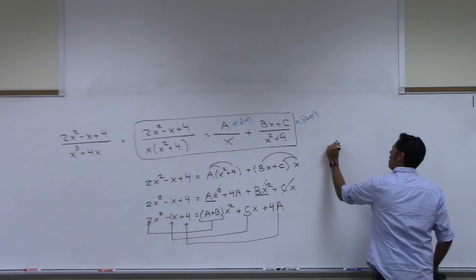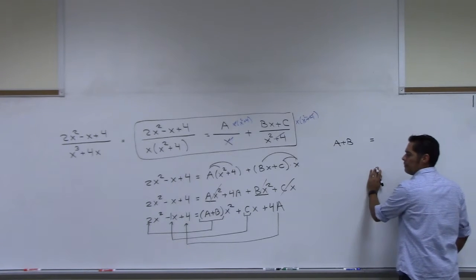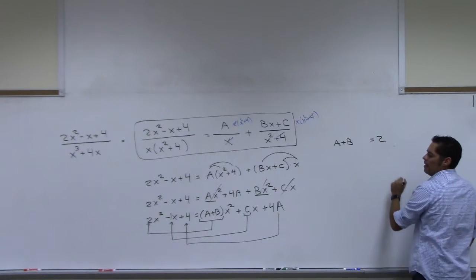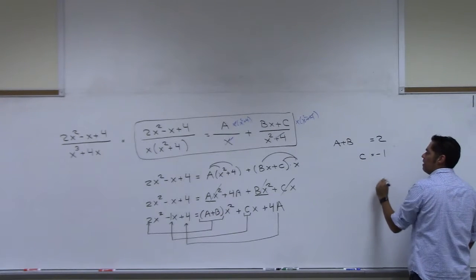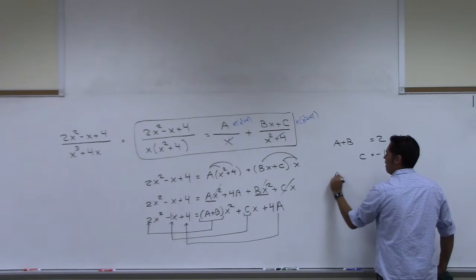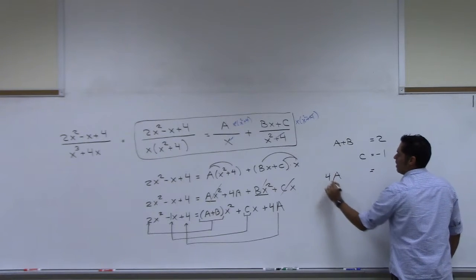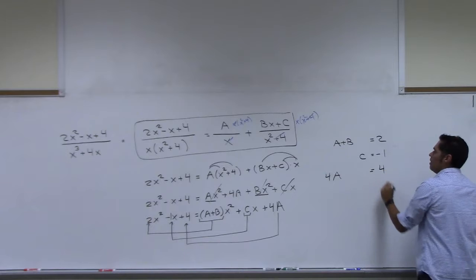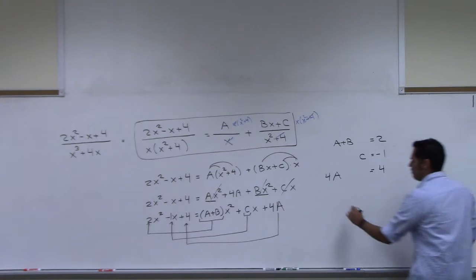A plus B must equal what? 2. And then I have that C must be -1, and I have that 4A must be 4. Now, I don't think we need our calculators for this, because I know what C is and I know what A is, right? So C is -1 just by looking.